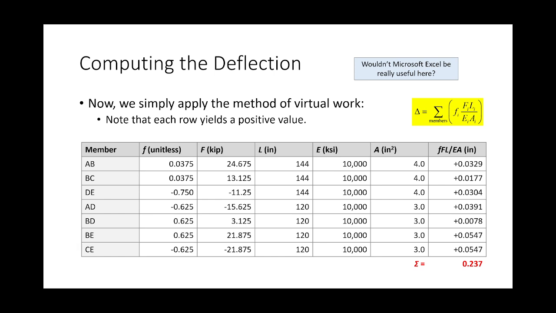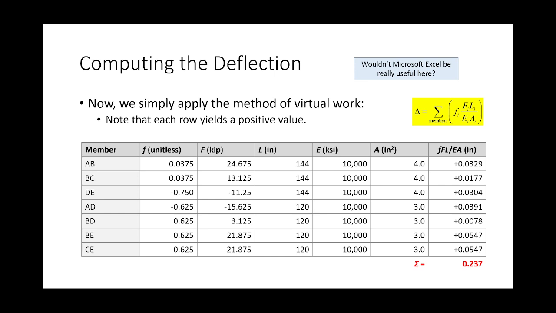That's something computers love to do. And so what you're doing is you're just chugging that out for each row, summing it, because this sum is the energy expression related to that deflection. And so when I sum that up, I get a sum of 0.237. Notice how each of these terms come out positive. What that means is that my assumption was correct. Okay?